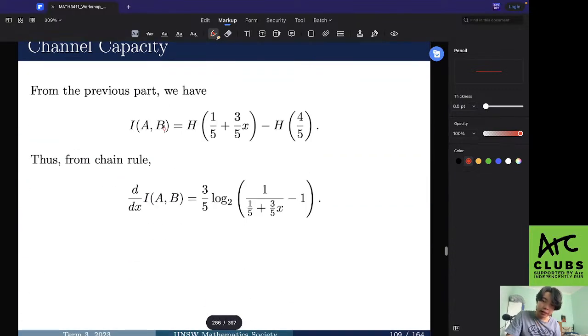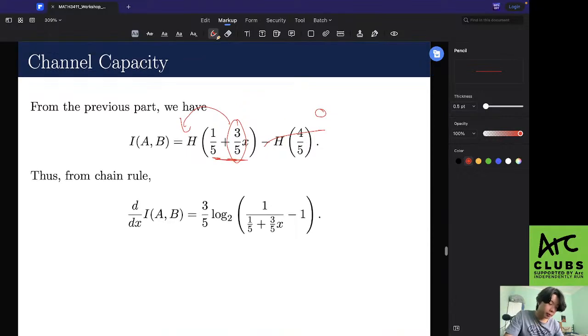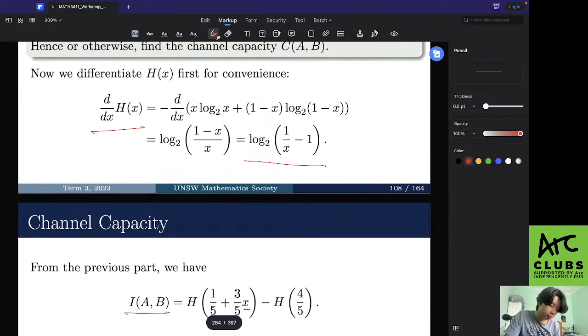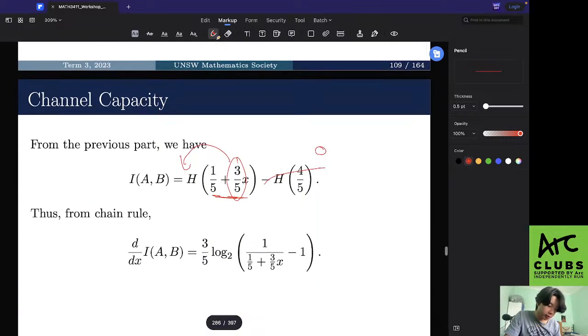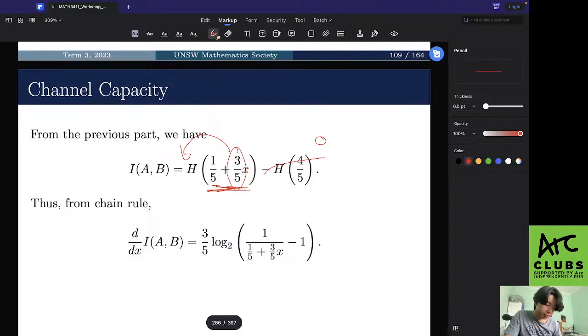So if we take the derivative of information, we know that this is constant, so this just becomes a 0 in the differentiation, and we take out this coefficient from the chain rule, then we substitute this value into our formula above, right? So this x is replaced by our value right here.